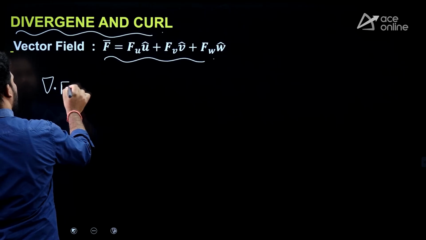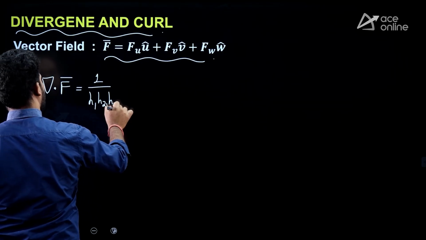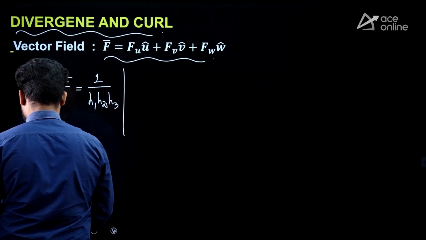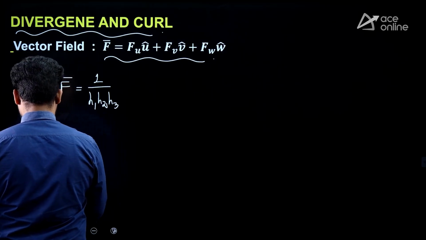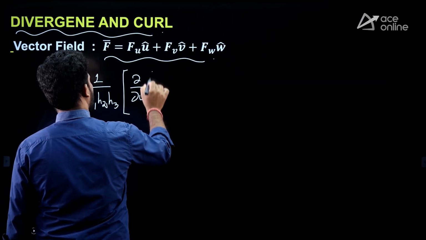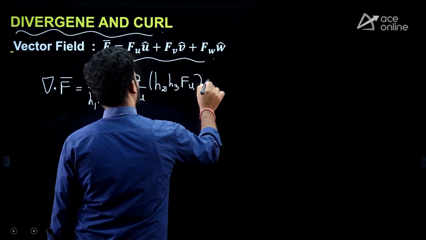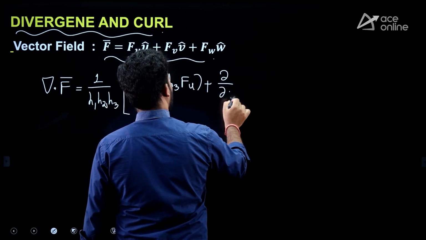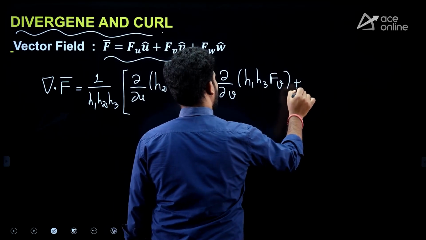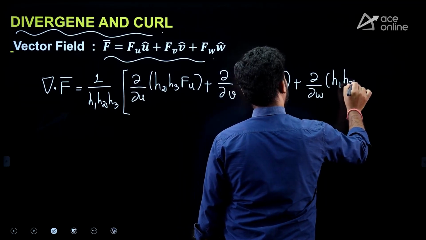The divergence of f is equal to 1 divided by h1 h2 h3 times [∂/∂u (h2 h3 fu) + ∂/∂v (h1 h3 fv) + ∂/∂w (h1 h2 fw)].